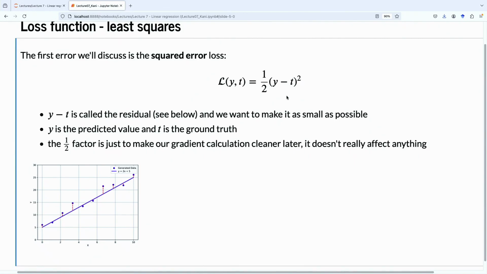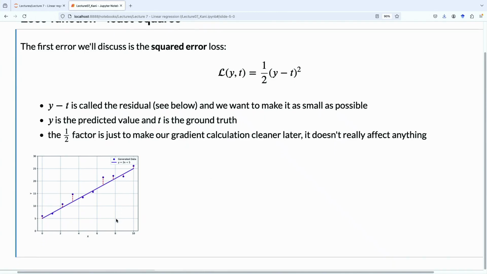Remember, when we want to match a function to the data, we want to minimize the distance between the data.